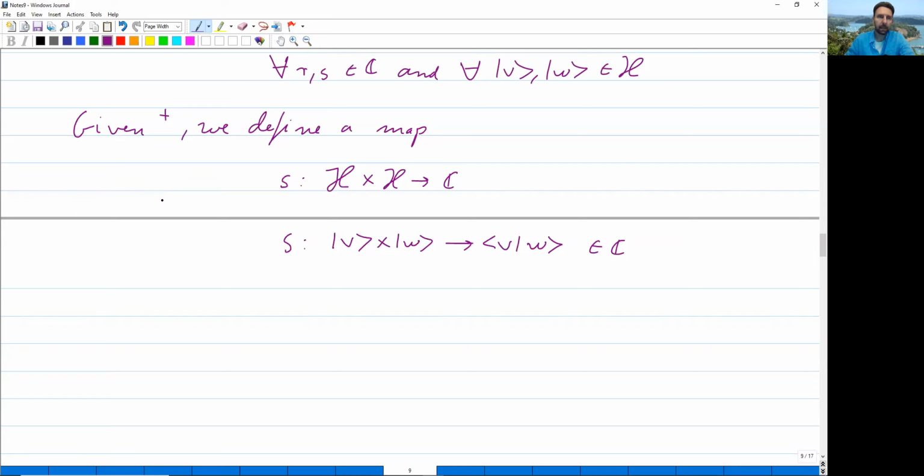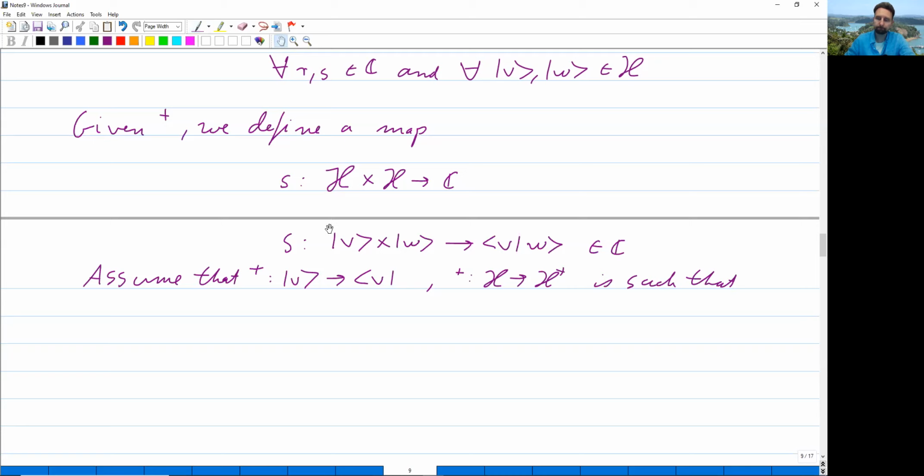Now, assume that the dagger, the Hermitian conjugate, the dagger map that we defined above, mapping H into H star, is such that the following holds true.